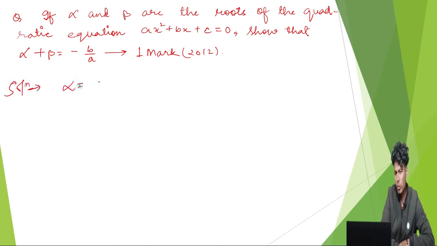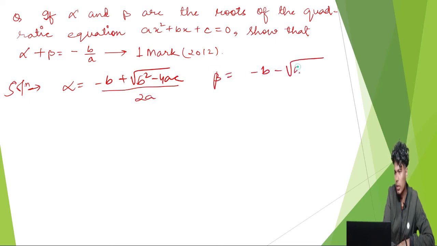We know alpha is equal to minus b plus root over b square minus 4ac divided by 2a, and beta is equal to minus b minus root over b square minus 4ac divided by 2a. Now we need to find alpha plus beta.